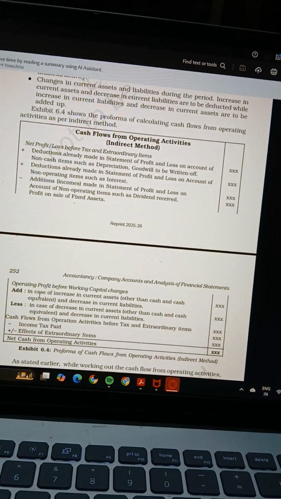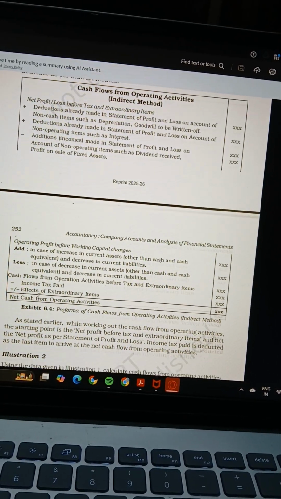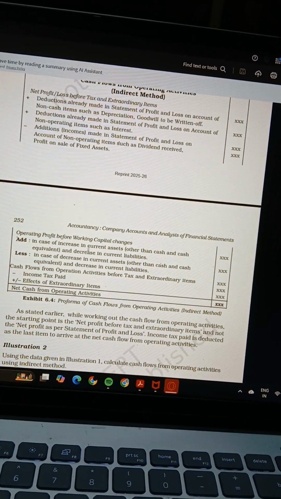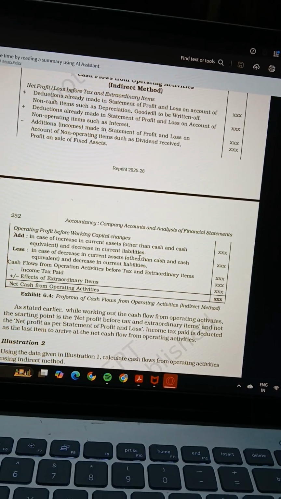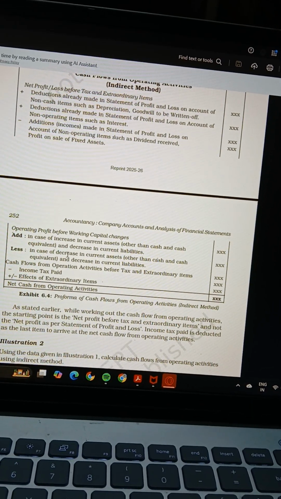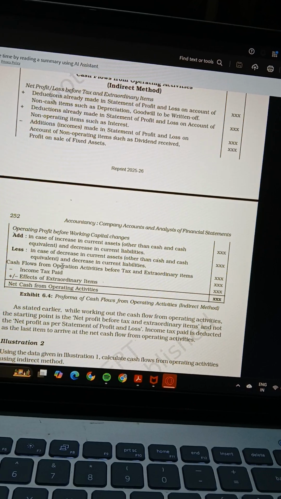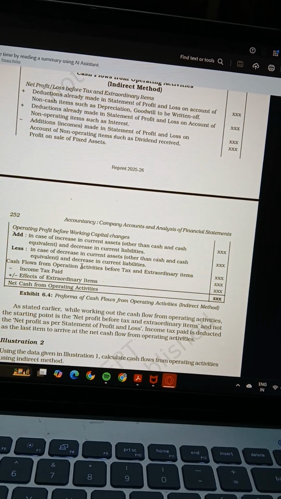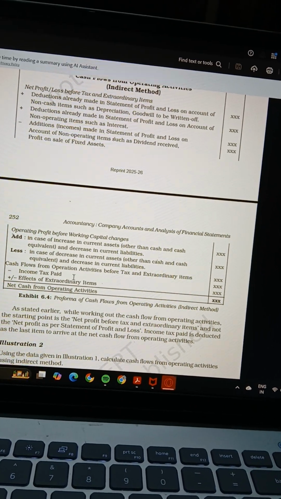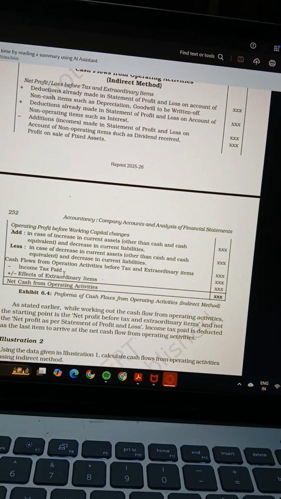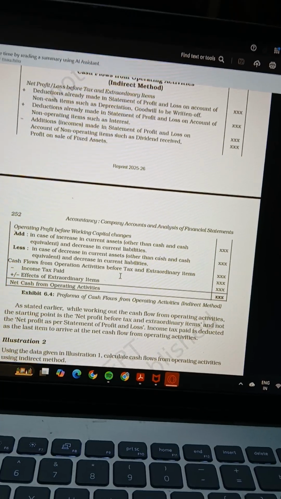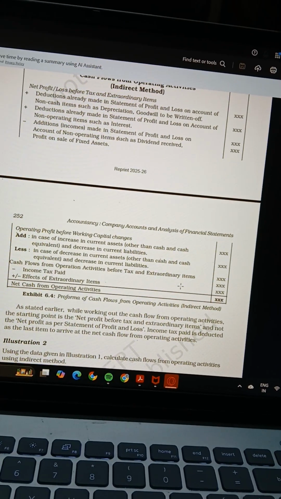Then from this we have to add the increase in current liabilities and decrease in current assets. Then we have to less the increase in current assets and decrease in current liabilities. Then the net item will be the cash flows from operating activities before tax and extraordinary items.